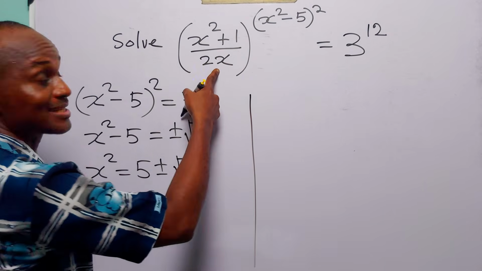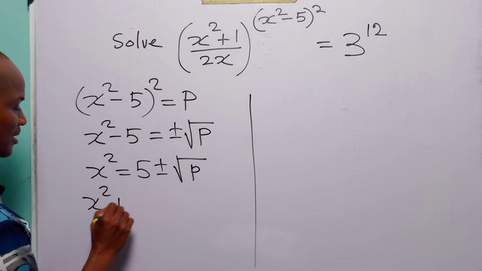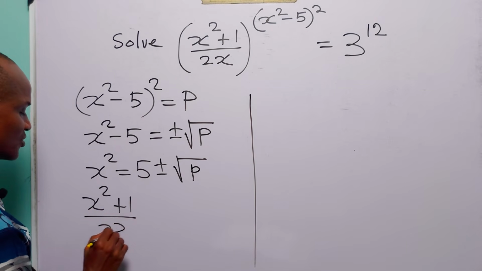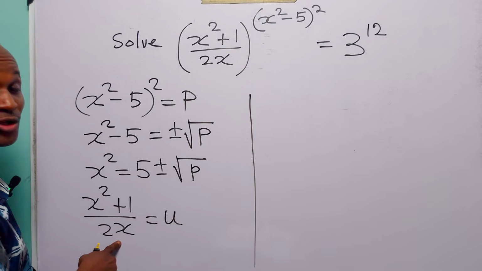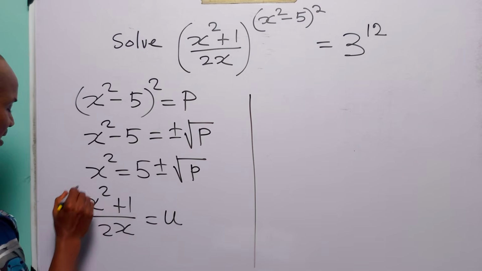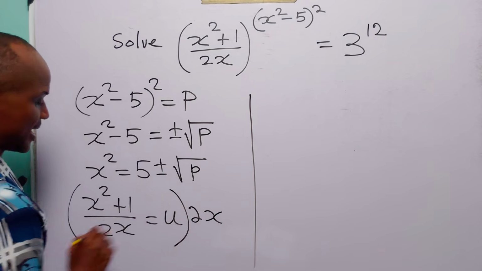Now, let this base, that is x squared plus 1 over 2x, be equal to the letter u. Now, to get rid of this fraction on the left-hand side, let us multiply through this equation by 2x.